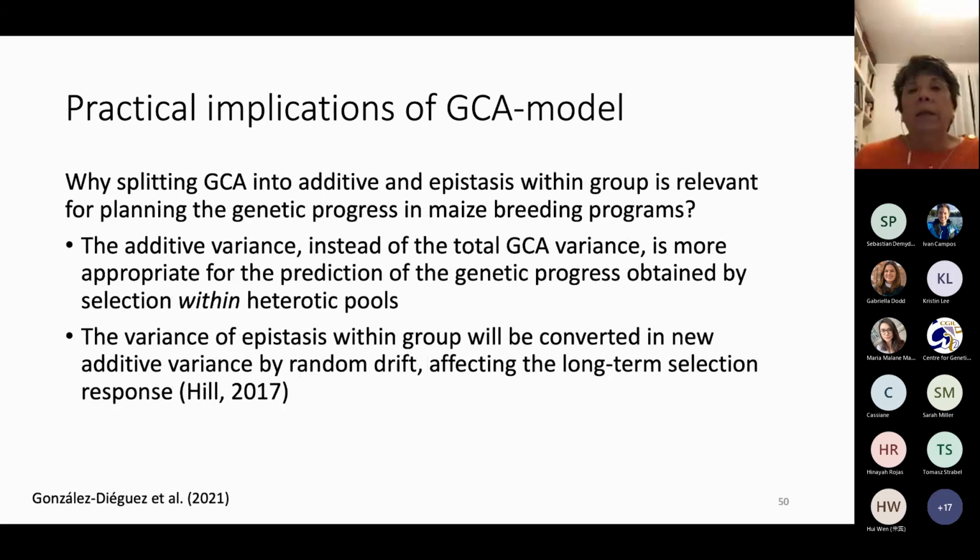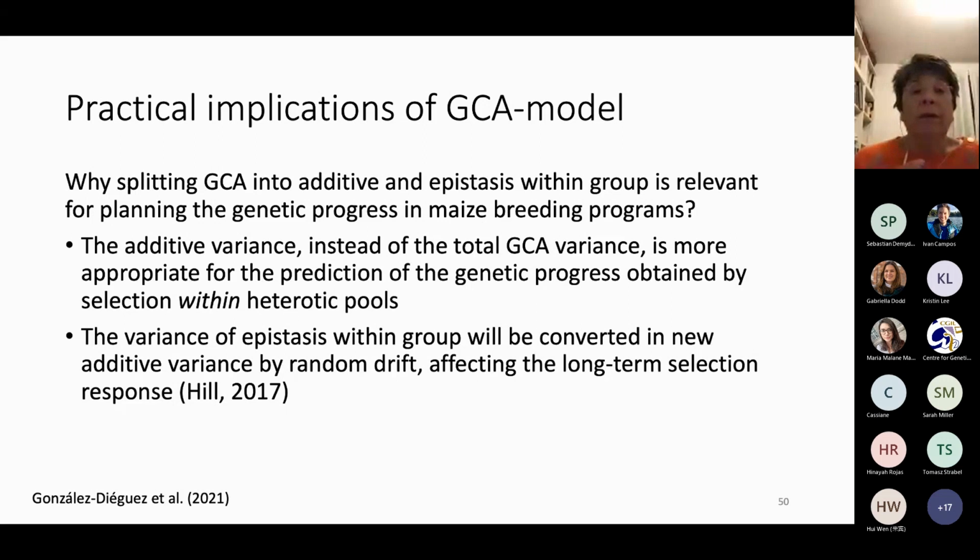What are the practical implications of this GCA model? It is related to the breeding program, and that is especially for maize. Why is splitting GCA into additive and epistasis within group relevant for planning the genetic progress?